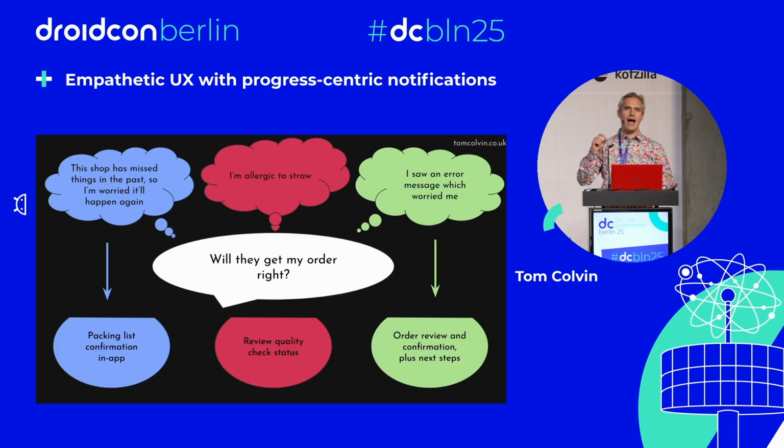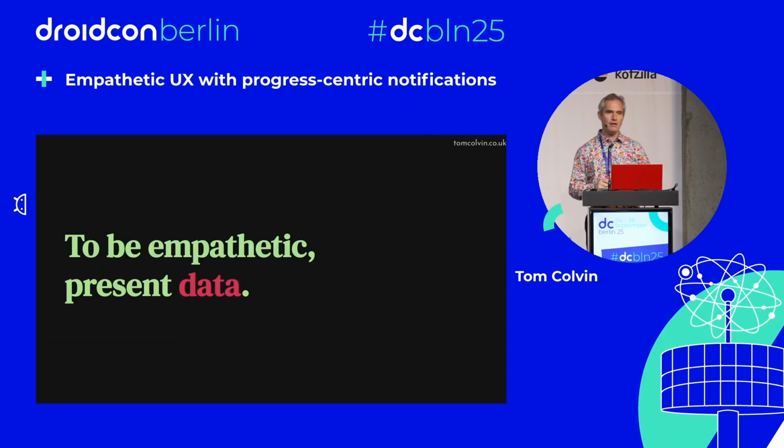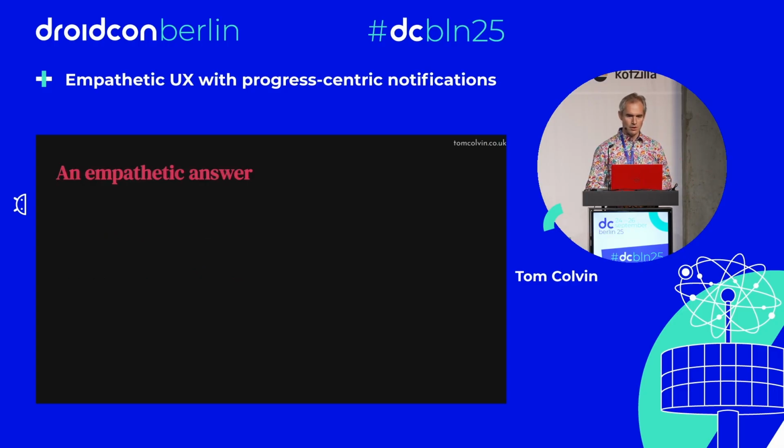See now how, when we are empathizing with the user, the solution is totally different. And one key thing about empathy is that to be empathetic, we are presenting data. We're presenting data so that we can communicate better with our users. So an empathetic answer, for example, we're not just going to tackle, will they get my order right?